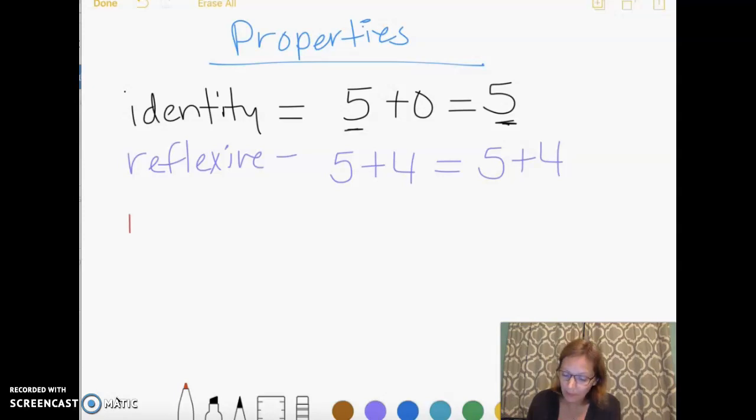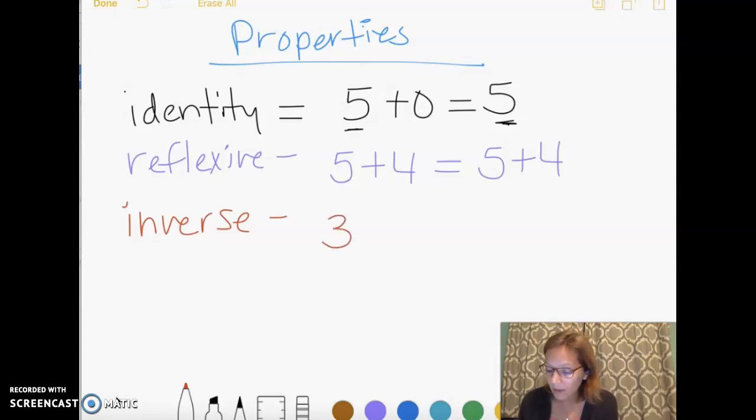All right. The next one, I'm just going to pretend like my dog's not going crazy right now. The next one is the inverse property. So inverse property is when I have some number and I multiply it by its reciprocal. Remember, reciprocal is when I flip a fraction over or I flip a whole number over and there's that imaginary 1 on the bottom.